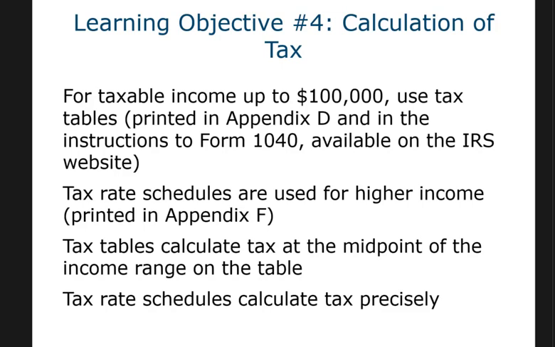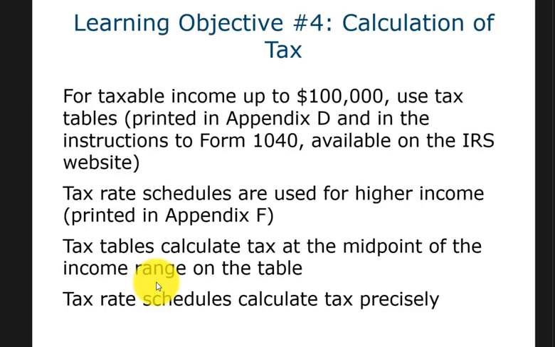They are shown in Appendix D, as well as in the instructions for Form 1040. You can find them lots of different places. If your income is over $100,000, then you should use the tax rate schedule because the tax tables don't show anything over $100,000.